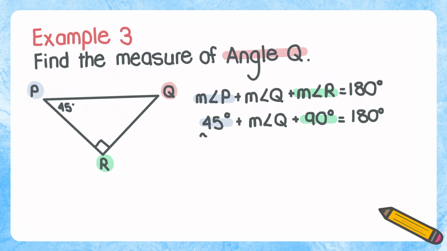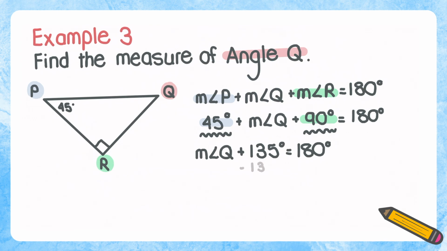To simplify this equation, let's add 45 degrees and 90 degrees. 45 plus 90 is 135. So we have the measure of angle Q plus 135 degrees equals 180 degrees. To isolate the measure of angle Q, we're going to subtract 135 degrees on both sides.